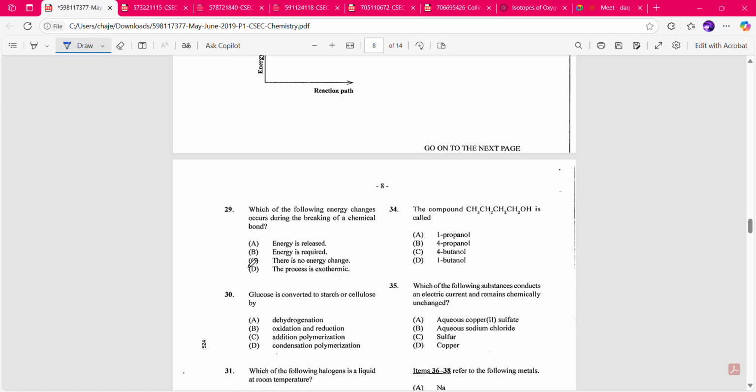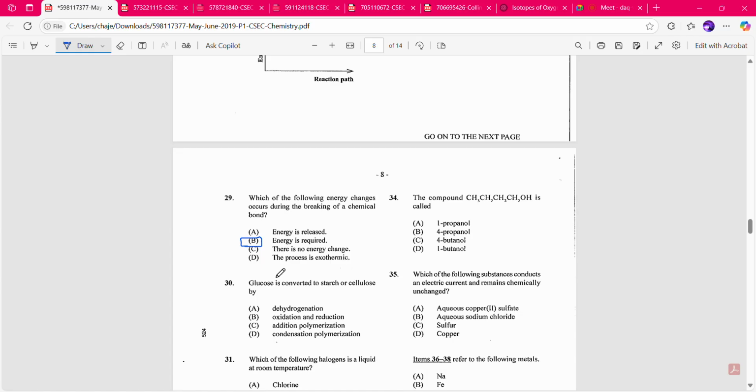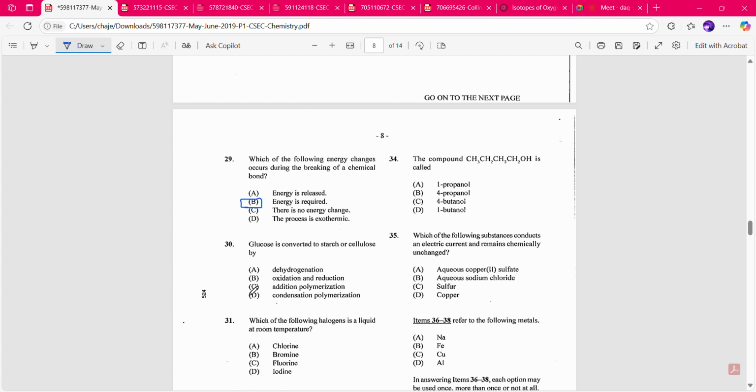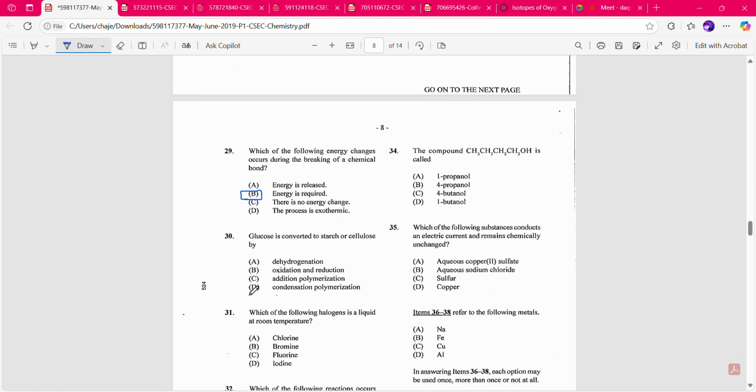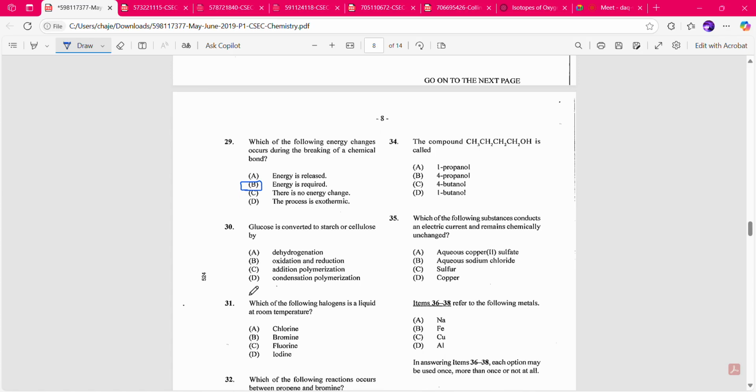You use energy to break a chemical bond. You release energy when you form new bonds. Right? So B is the correct answer. It doesn't have to necessarily be exothermic. There is no energy change. Right? So B is the correct answer.